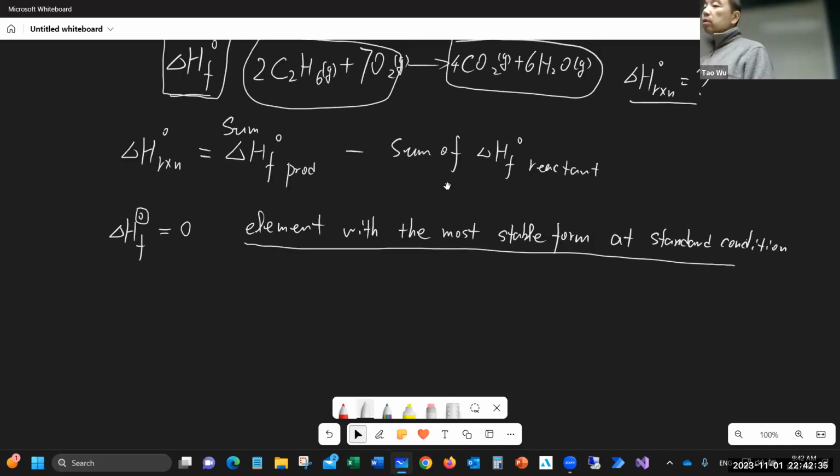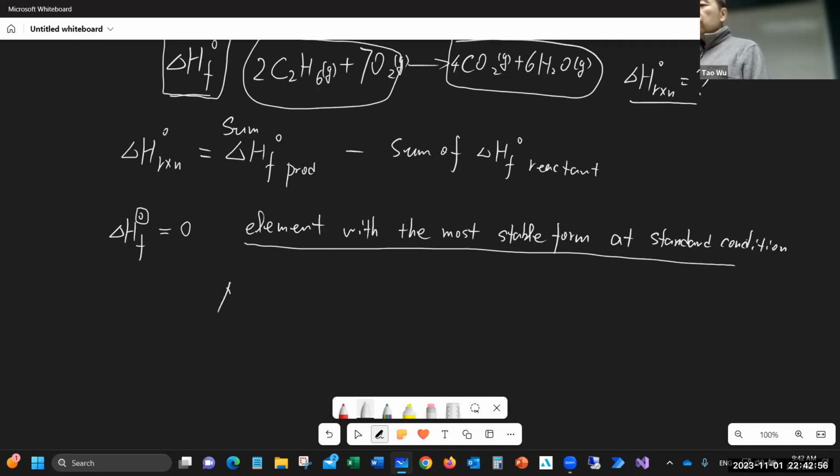And students sometimes get confused: how can we determine which is the stable form? Well, most metals, look at it here, are solids, right?